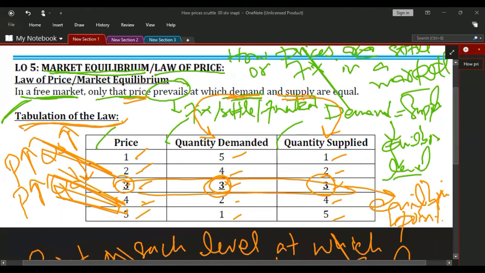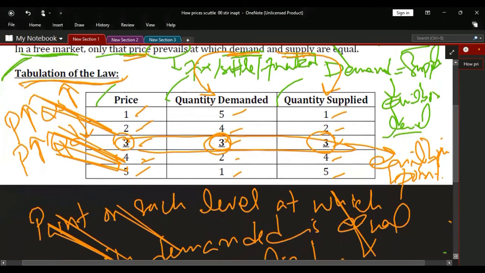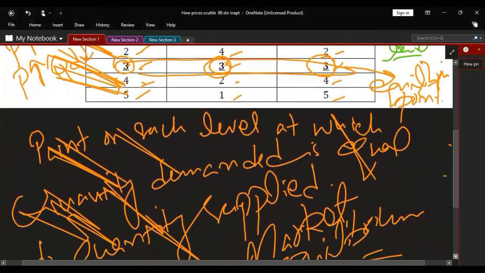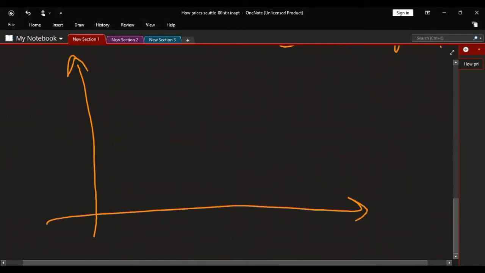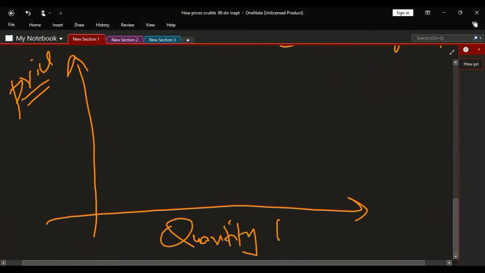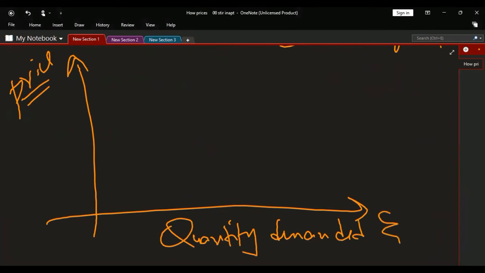Now let's make a graph or diagram. Price is taken always on the y-axis and quantity demanded and supplied will be taken on the x-axis.